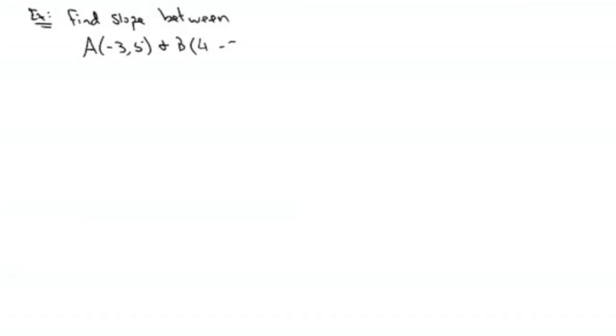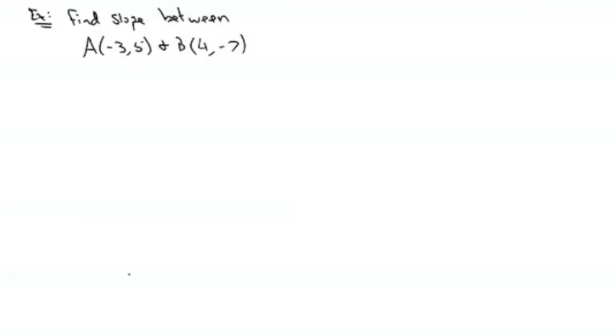So, for example, find slope between the A coordinate (-3, 5) and the B coordinate (4, -7).